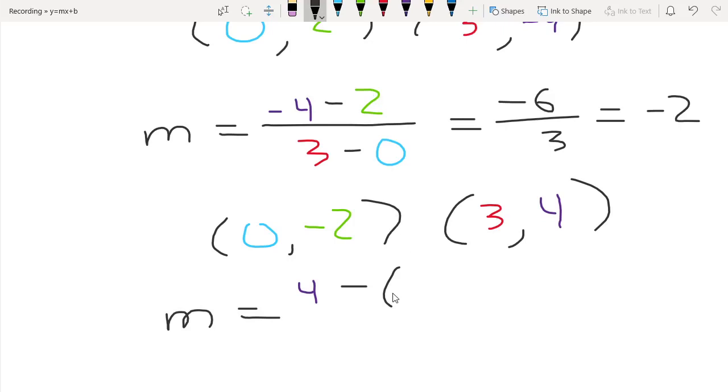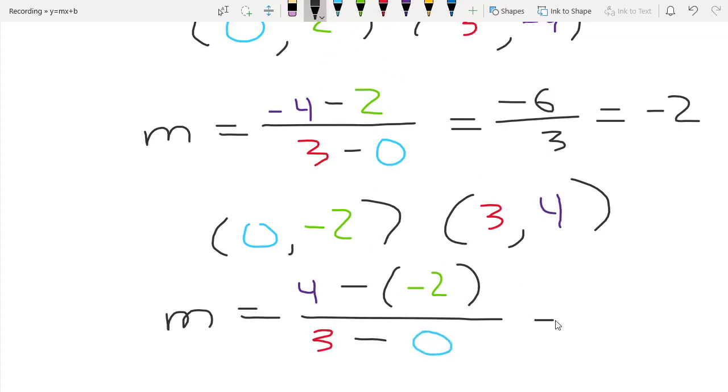You have to write parentheses around this negative 2. Anything that's a negative, write parentheses around it. So negative 2, divided by x2, which is 3, minus 0, which is x1.